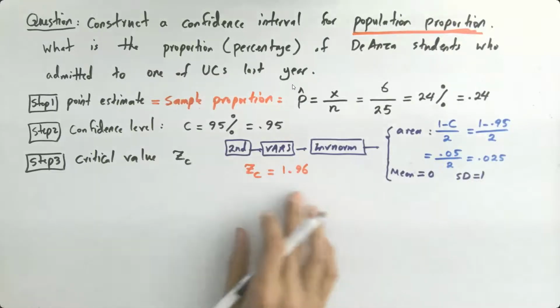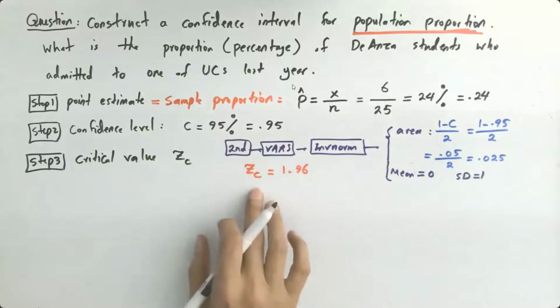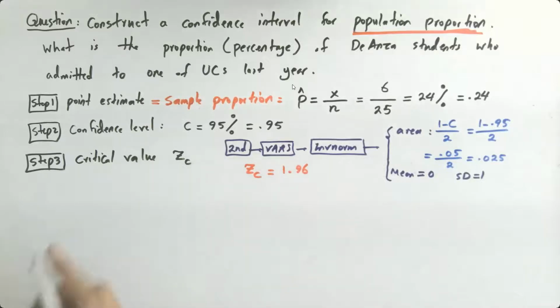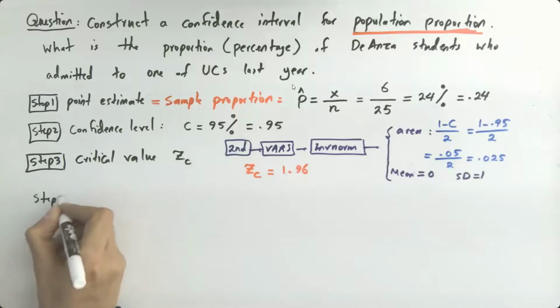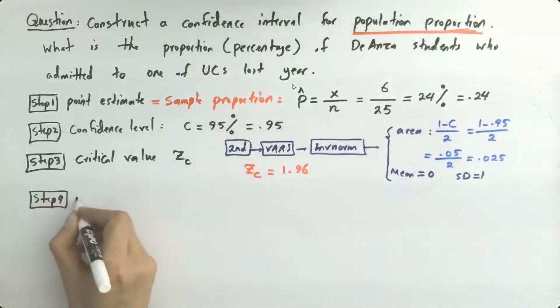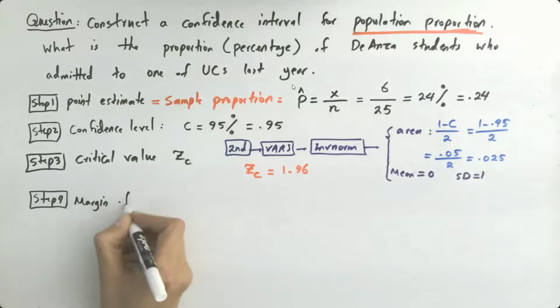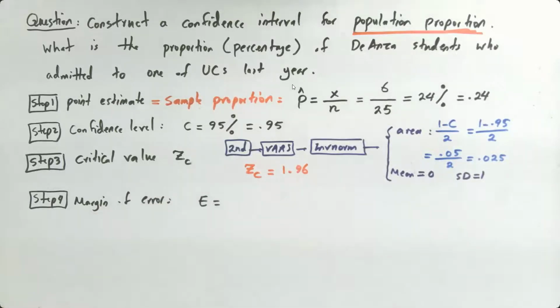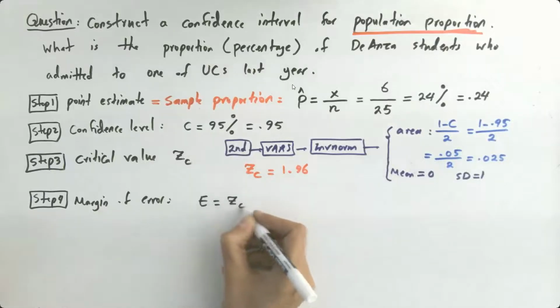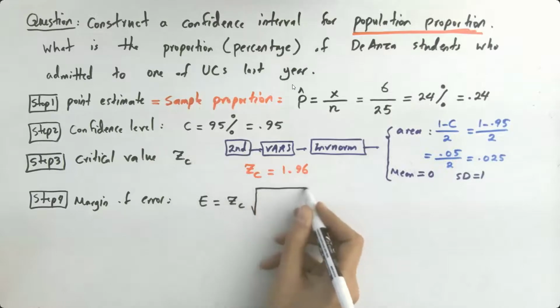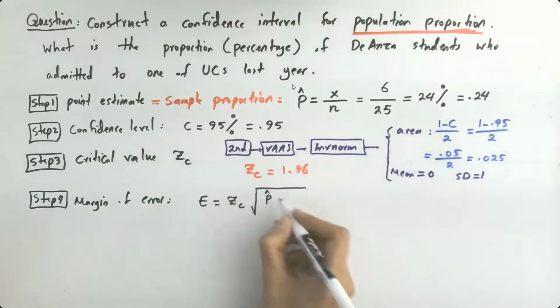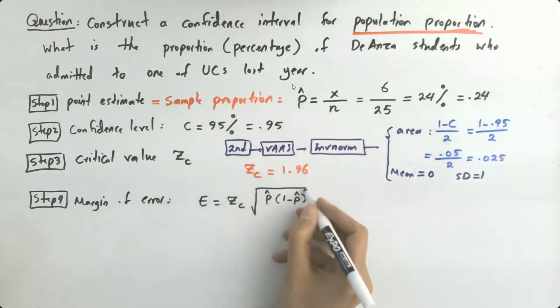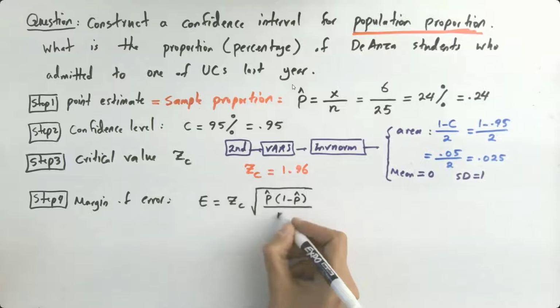All we did was calculate the critical value. Why is that? Because we need to find the distance. Step 4, margin of error, E. Remember that we introduced a new formula. It's Z sub C times the square root of p hat times 1 minus p hat divided by n.